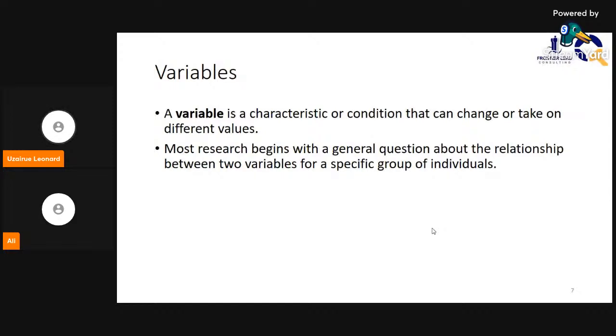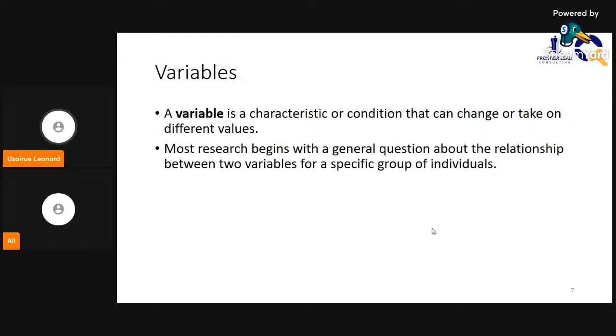Another example is gender. You can be either male or female. So those are variables. Talking about malaria status, for example, you can be either positive or negative.